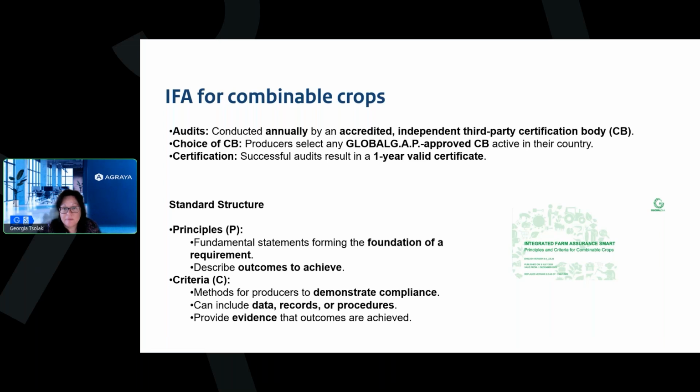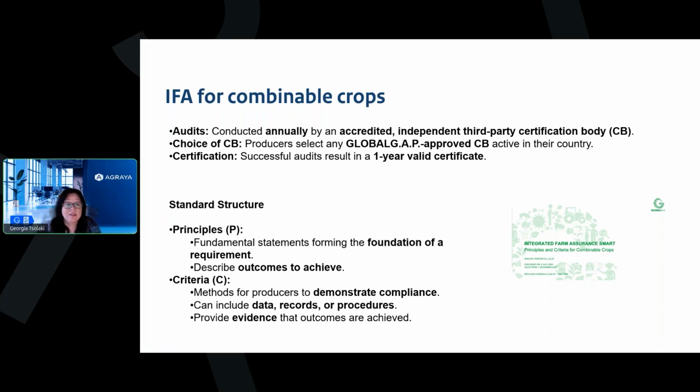So every producer selects the third-party accredited certification body that they want, and then the CB conducts the on-site farm audit. If the audit is successful and the producer is compliant, the certification body issues a certificate that is valid for 1 year, 12 months.